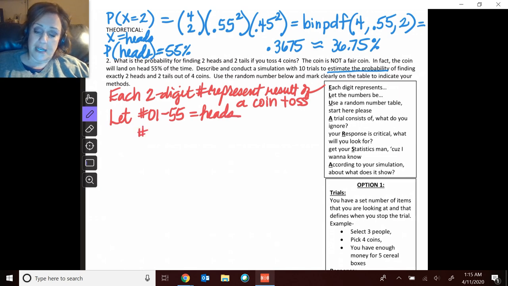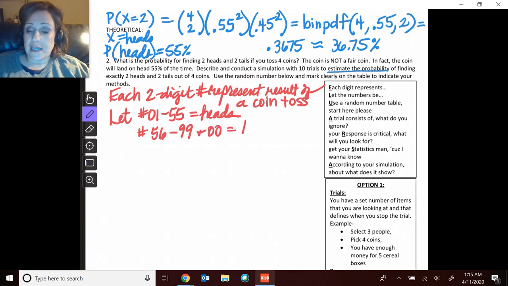And so then that would mean 56 to 99, but I also need that 100th one, so 00 equals tails. And remember that with the two digits, to represent 1 as two-digit, it was 01. All right. Use the random number table below and start at the top left corner.